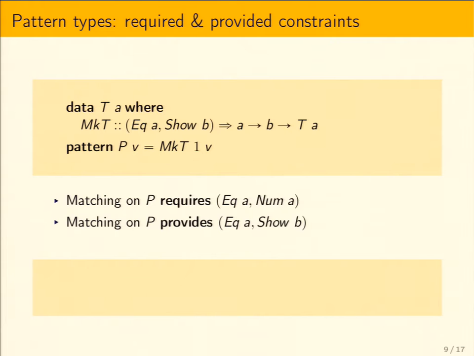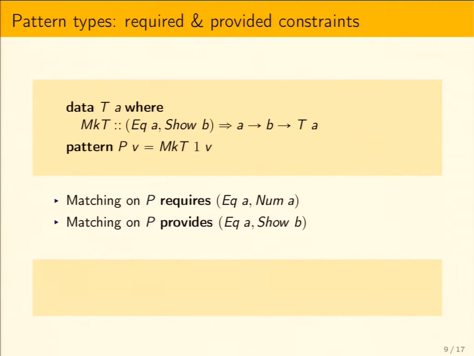So here's an example where matching on P requires an Eq and the Num instance on A because it uses an overloaded literal at a position which is typed A in the constructor. However, the constructor MkT that we match on provides Eq A and Show B instances.